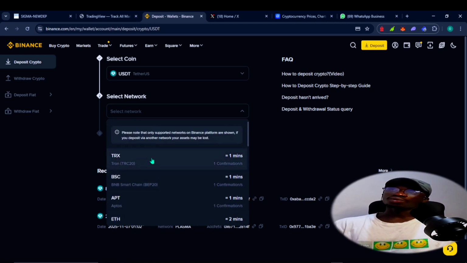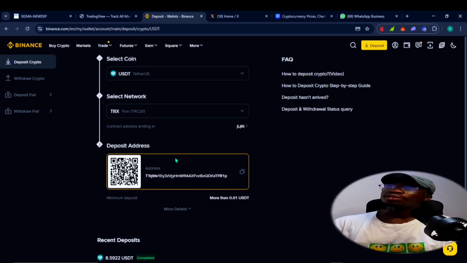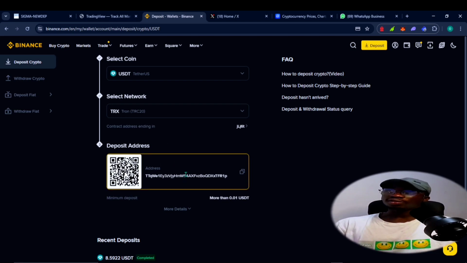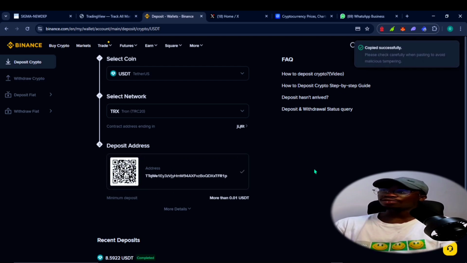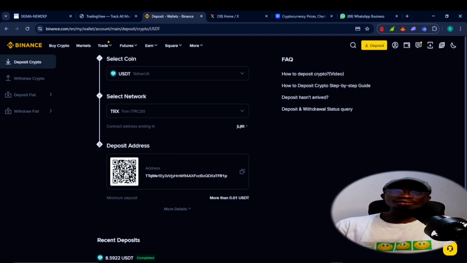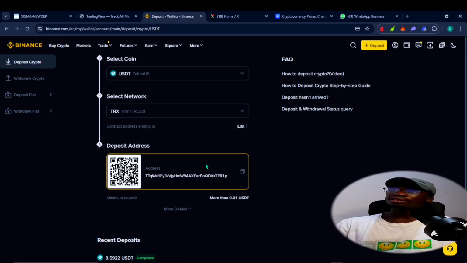So let's just assume I want to deposit through my Tron network. Then you copy your wallet address, which is unique to your Binance account, and send it to whoever you want to receive the crypto asset from. The person will paste the wallet address and send you the money, and immediately you would have it.